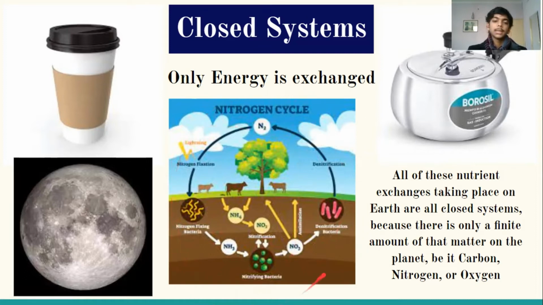Thus only energy is exchanged in the nitrogen cycle. Same can be said for the carbon cycle, wherein only a finite amount of carbon is present on Earth. However, it keeps getting exchanged in terms of energy. Another example of a closed system can be a boiling pot with its lid on.